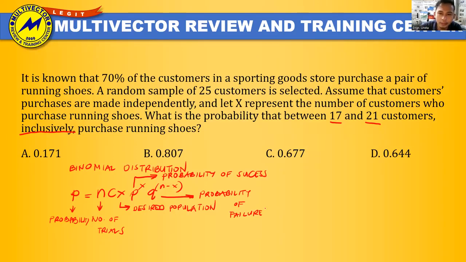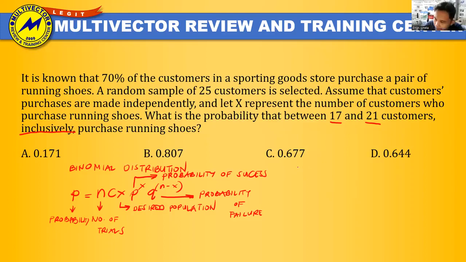Okay? So dito sa problem number 73, may sinabi kasing range. So what is the probability that between 17 to 21 customers inclusive will buy the shoe? Therefore, hanapin natin o i-add natin lahat yung probability na yan.